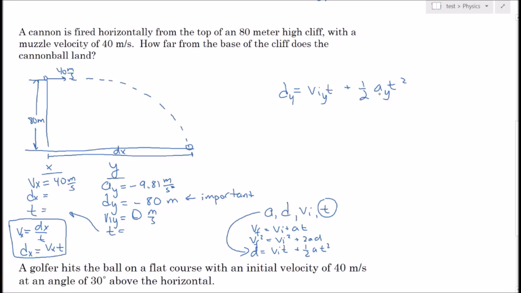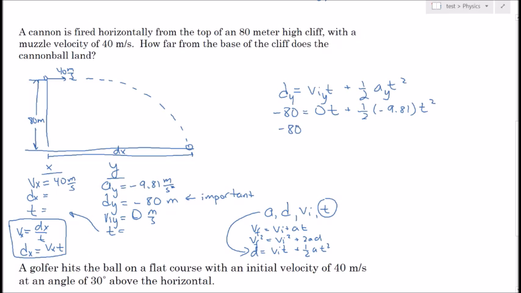So we know that dy is -80. Now, I'm not going to put the units in here. The units are important, but for the sake of keeping the algebra simple, I'm not going to write them in here. This is 0 times t plus 1/2 times -9.81 t squared.